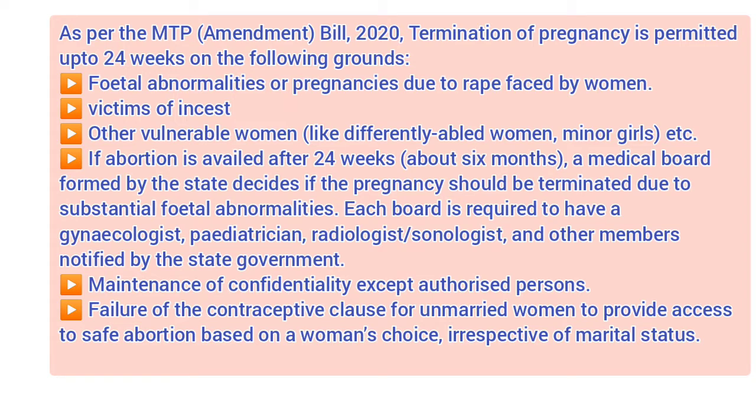If abortion is availed after 24 weeks, that is about 6 months, a medical board formed by the state decides whether the pregnancy should be terminated or not. Each board is required to have a gynecologist, pediatrician, radiologist, sonologist, and other members notified by the state government.